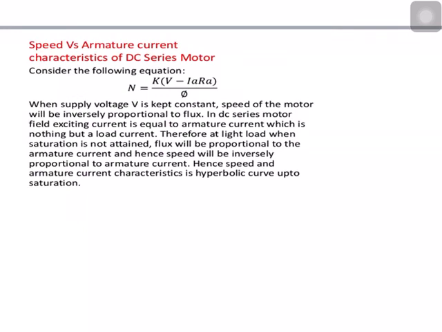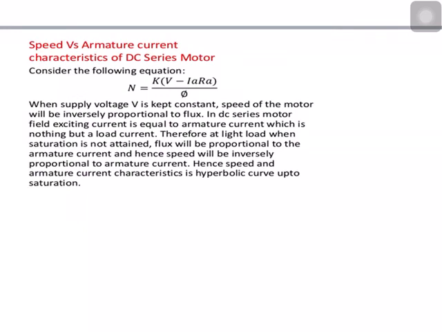So for small currents, speed is inversely proportional to phi, and we know that the flux is directly proportional to Ia, and speed is inversely proportional to Ia, so that when armature current is very small, the speed becomes very high.